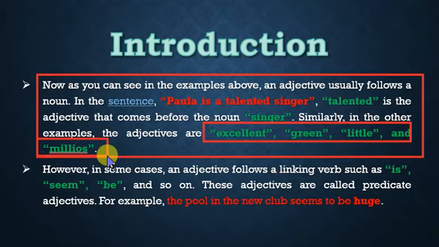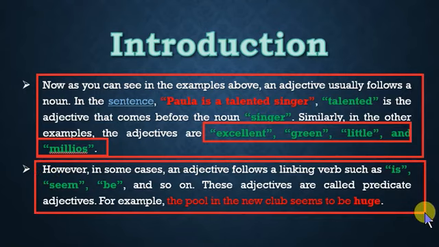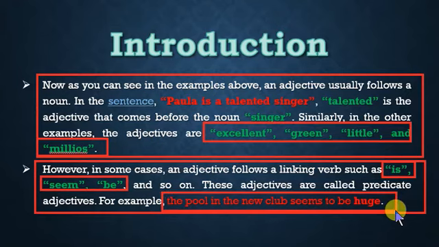However, in some cases, an adjective follows a linking verb such as is, seem, be, and so on. These adjectives are called predicate adjectives. For example, the pool in the new club seems to be used.